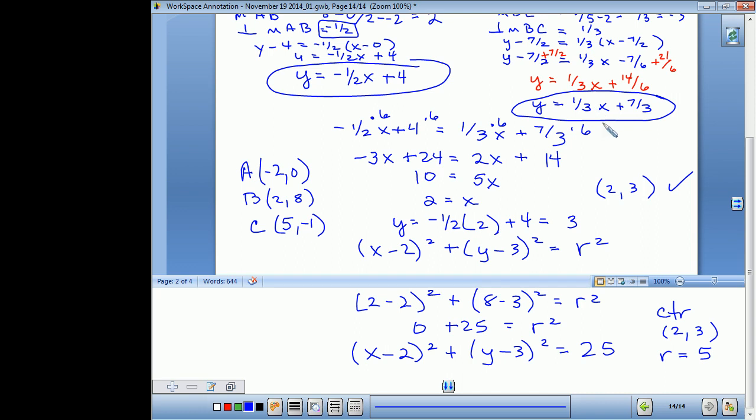Did you get fractions? Then maybe you punched something in wrong. Because if all your work matches mine, you should have gotten this exact same thing here. I can come look at it in a minute. Probably the fraction. Okay, I'll look at it.